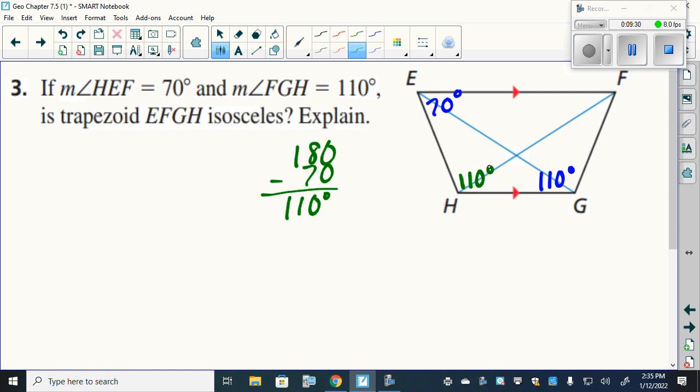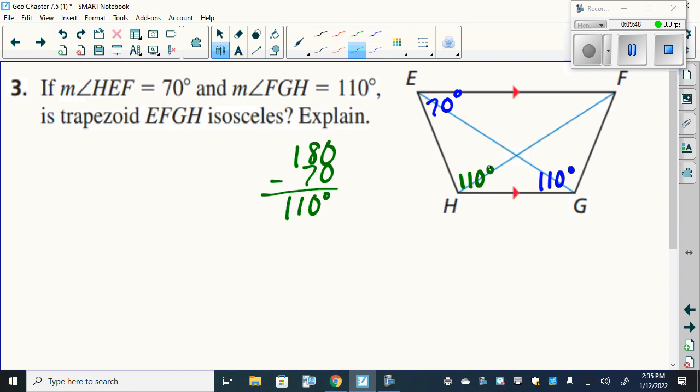So one of the first theorems that we covered today was the isosceles trapezoid base angle theorem. If a trapezoid is isosceles, then each pair of base angles is congruent, yes? Well, that doesn't help us much because that's if it is already an isosceles trapezoid.